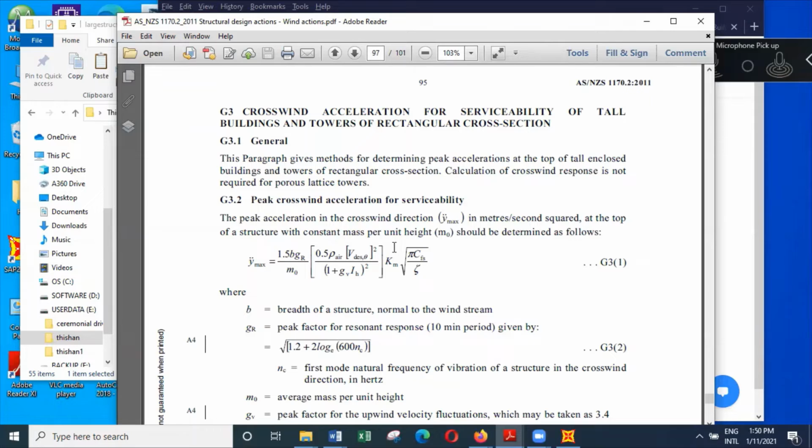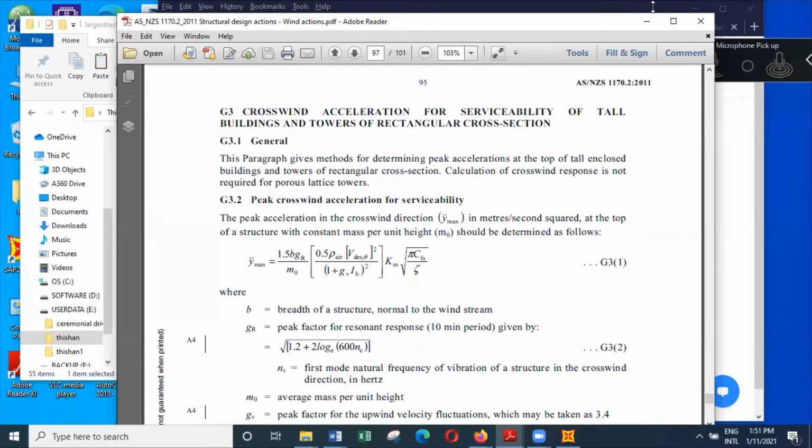That is one of the advantages of using this Australian code, because it allows us to estimate the wind induced acceleration of the building in two perpendicular directions. And when you check it, if you think the accelerations are too much, then you might have to change the structural form of the building.